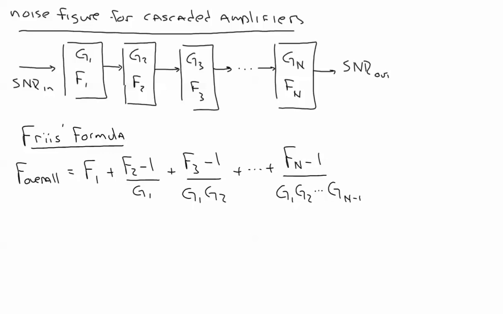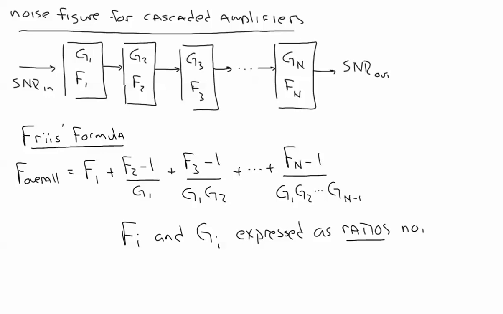And in this relationship, my noise figures and my gains for each individual amplifier are expressed as ratios, not dB. Okay?